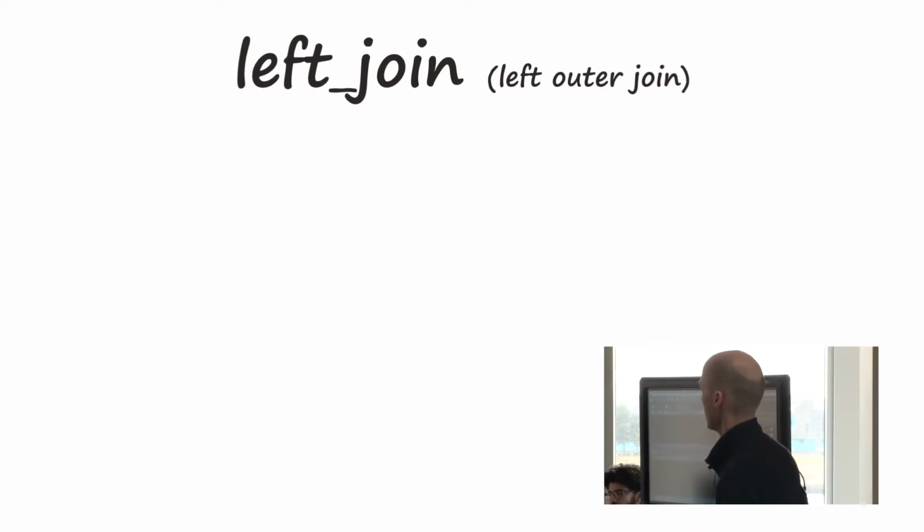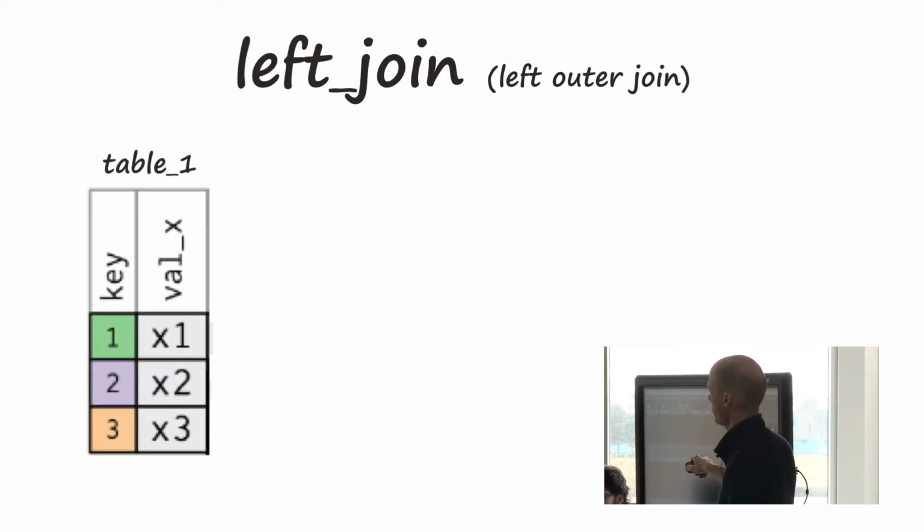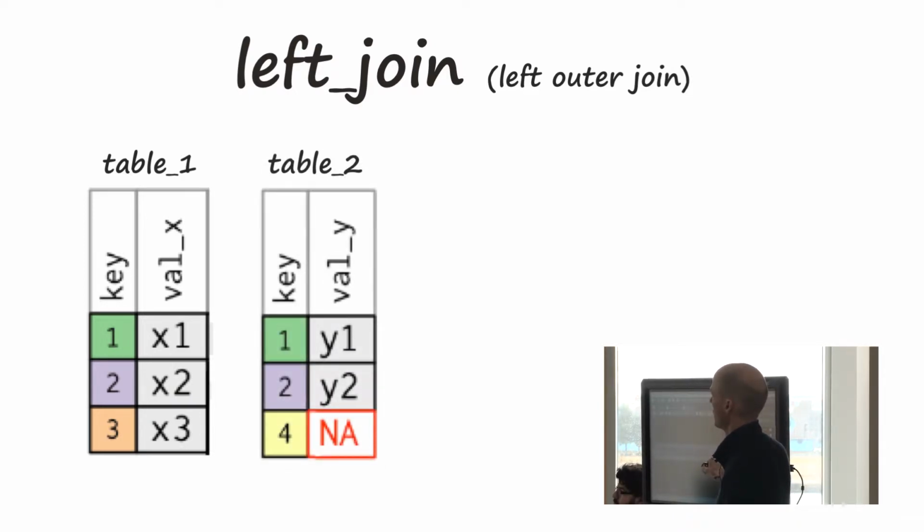So left outer join, here we have table 1. Our key value is 1, 2, so this is our key value column, and we have observations x1, x2, x3. And we also have a table 2 here, which has another key column, which is the same here.